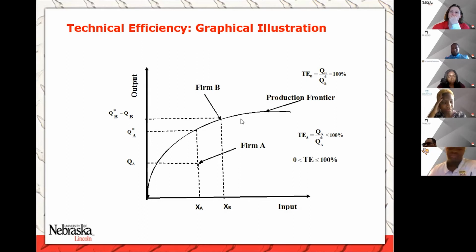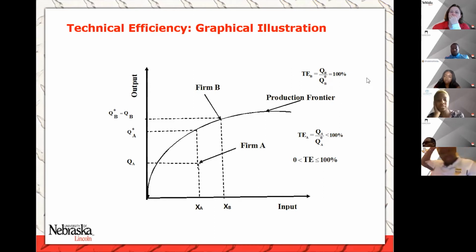As you can see, firm B operates on the production frontier, so it's at its maximum. If you were to compute its technical efficiency, which is the actual output divided by the maximum, the maximum is equal to the actual output. That's why firm B is efficient, and its technical efficiency score is 100%.